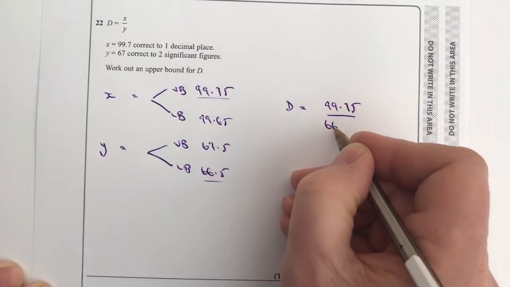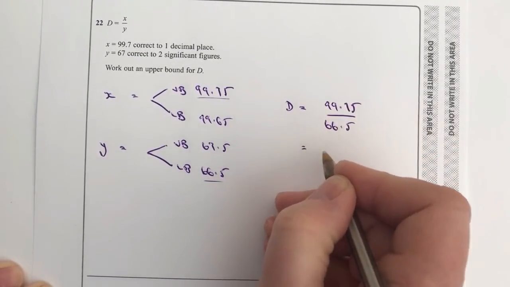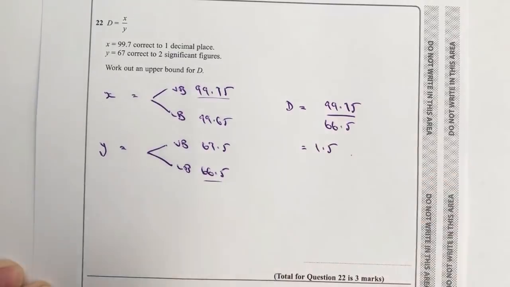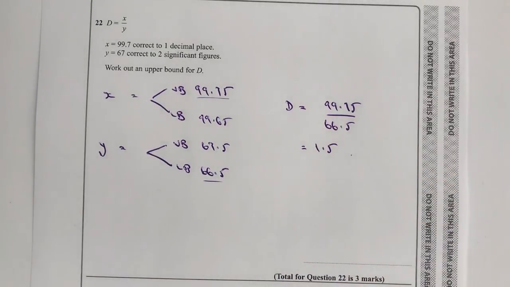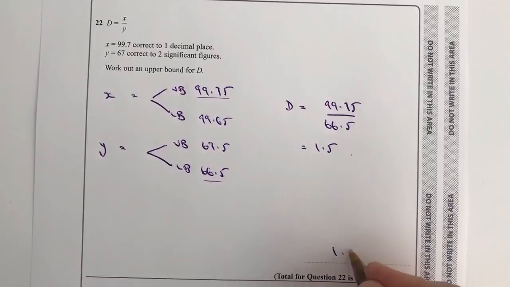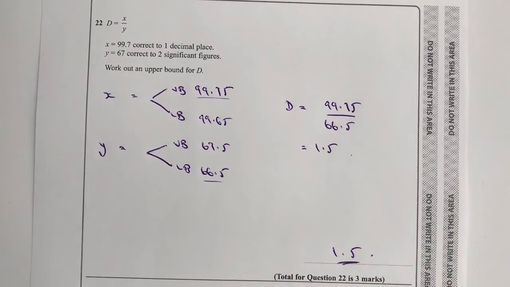This is going to be the biggest number I can get, if you like, which is actually 1.5. Okay, so in this particular question, the upper bound for D will be 1.5. Okay, 3 marks. There is a method of dealing with these. Do take your time as you work your way through them. Hopefully that will give you some idea.